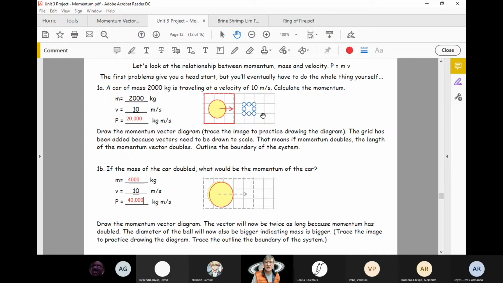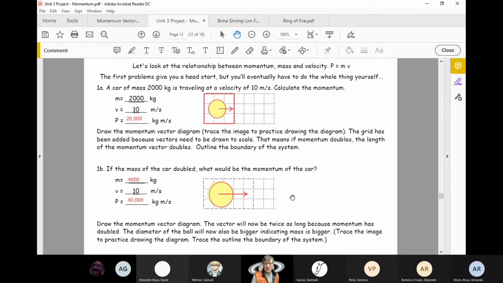Now it's much easier to draw an arrow that's exactly twice as big. So if it has more momentum, which it does, 40,000 compared to 20,000, then we should have a bigger arrow, a bigger vector.